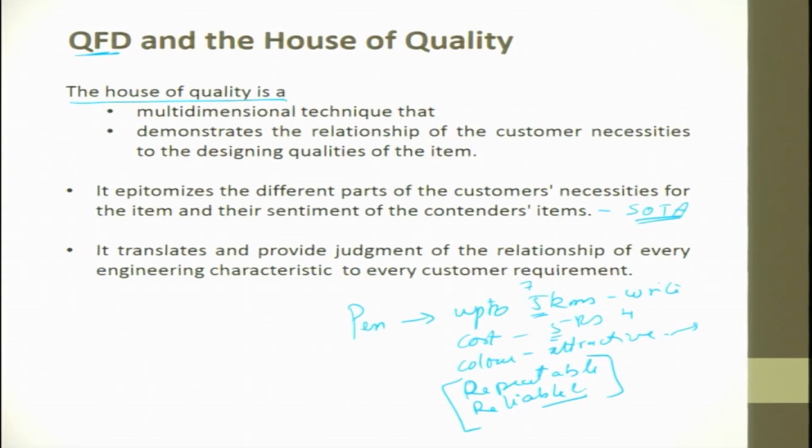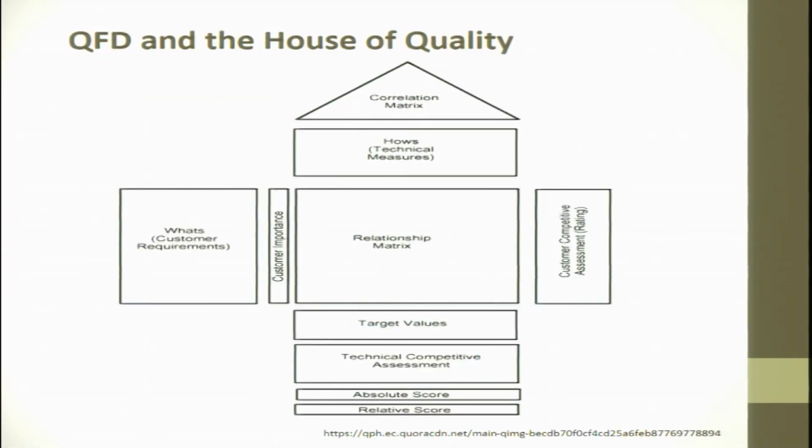It epitomizes the different parts of the customer necessities for the item and their sentiments to the sentiments of the competitors' item. It translates and provides judgment of the relationship of every engineering characteristic to every customer requirement. So, this is how a house of quality looks like.